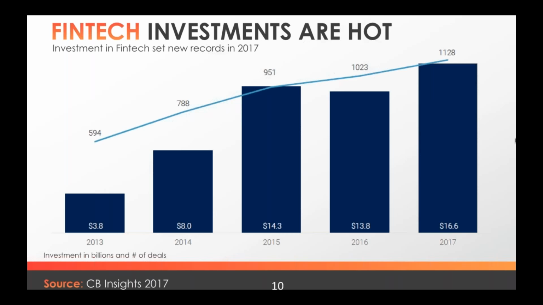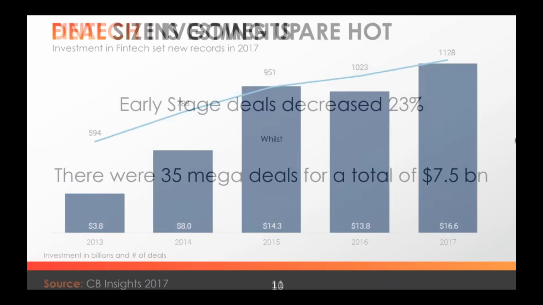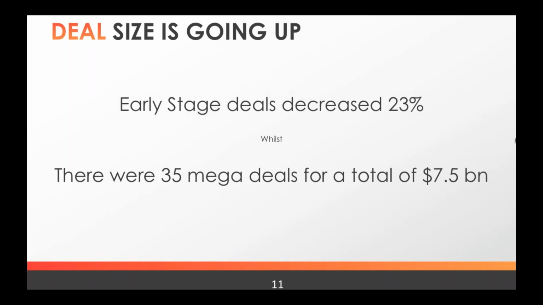What is excluded from this information is IPOs. We had a few IPOs in 2017, and there's yet more to come in 2018. This slide, I wanted to give you an idea about the size of these companies.